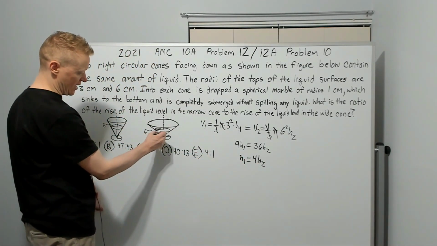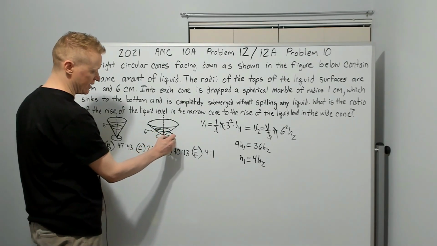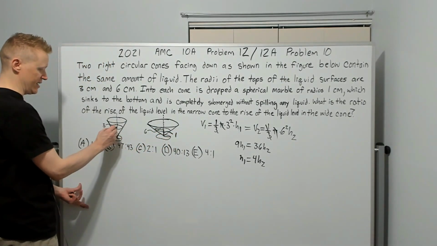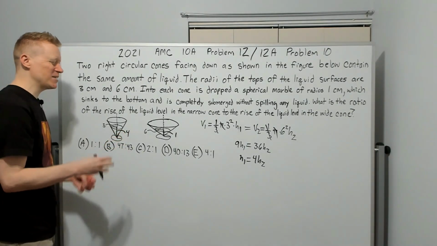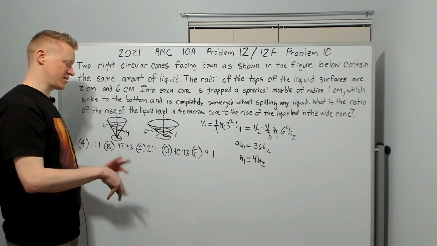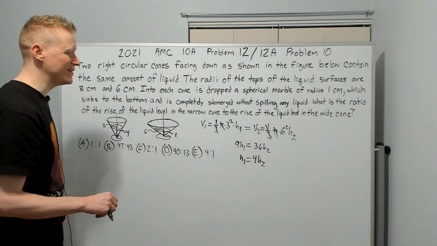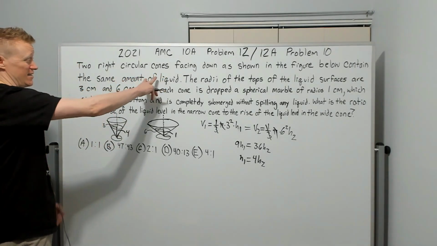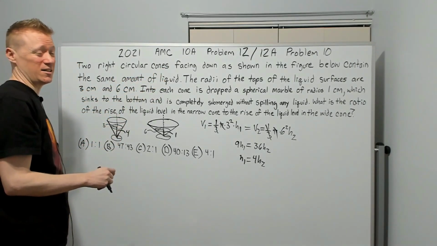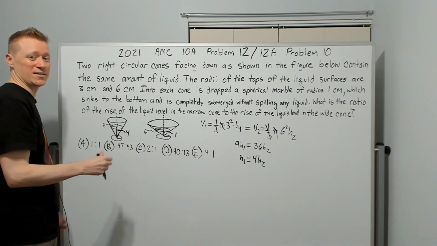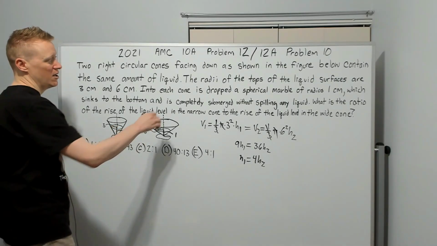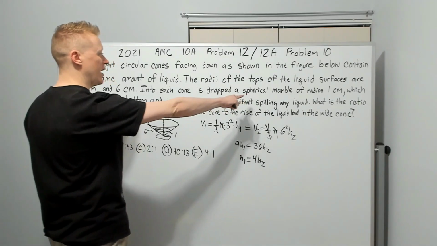So this height right here, I'm going to make it 1, and then this height here would be 4. It doesn't matter what it actually is because it's all going to wash out in the ratio in the end, and because they didn't tell us the volume of the liquid anyway. So any volume would have to work, otherwise the problem would be invalid. Okay, so where were we?